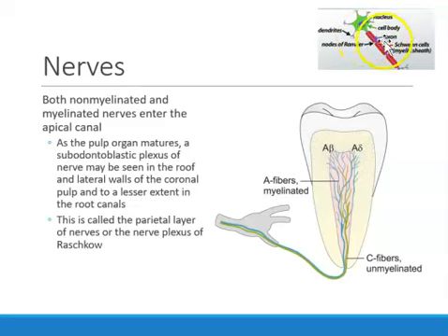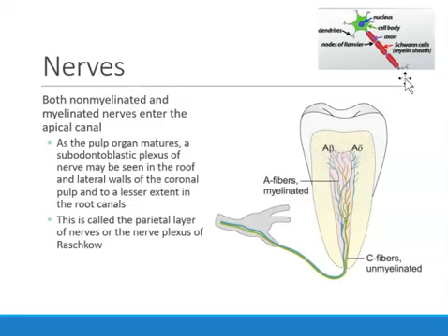It's not insulated, whereas a myelinated nerve like this one is insulated by the myelin sheath. There's like a sheath that's kind of insulating the nerve. And also with myelinated nerves, there's something called the nodes of Ranvier, which are gaps. And when you have these gaps, what happens is with myelinated nerves, the messages get sent really fast. So if you're in pain, the message will get sent really fast to your brain.